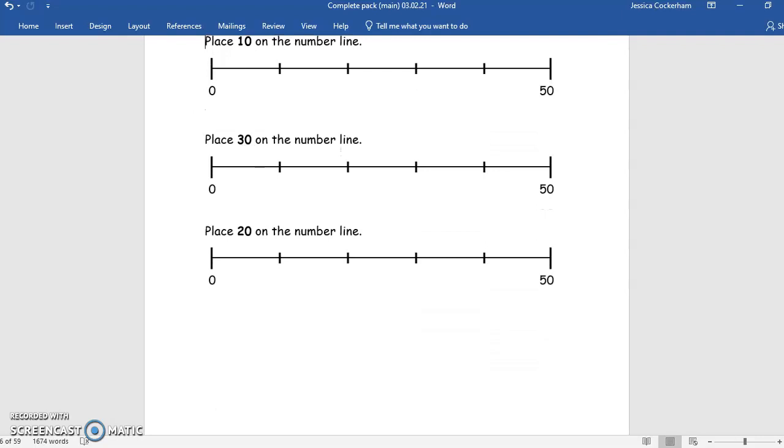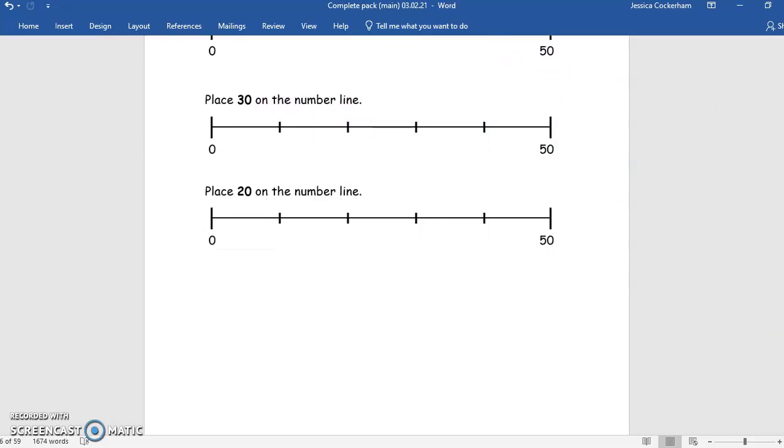Place 30 on the number line and place 20 on the number line. When they start at 0 and end at 50, we need to decide what they're counting in for these ones as well. A bit of a clue, they start and end and have the same marks as the one at the top. And what was this one counting in? That's right, they were counting in tens too, weren't they? Okay.